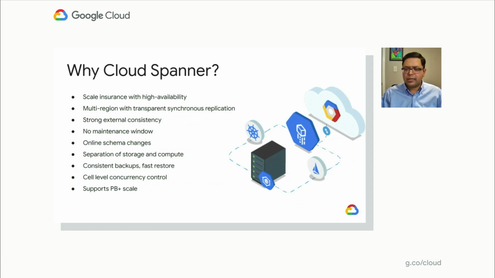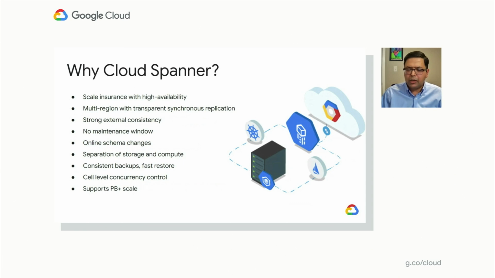Strong external consistency, which I already discussed. Pretty much the one box relational database experience you can get from a horizontally scalable Cloud Spanner database. There's no concept of planned maintenance windows, and that's why we are able to offer you such high availability.